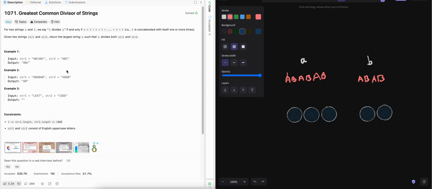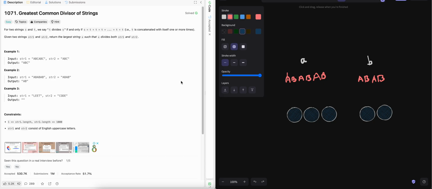We have to find that out, but before that we have to check whether it is even there in both the strings or not. So these are the two questions that we have to answer.